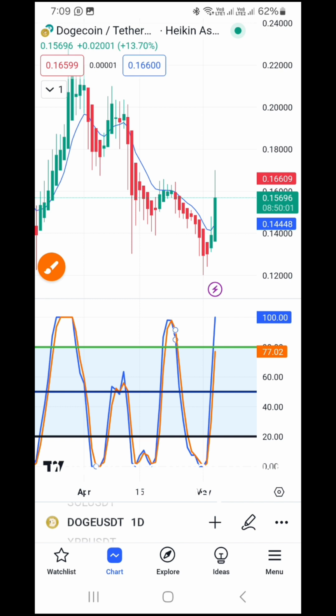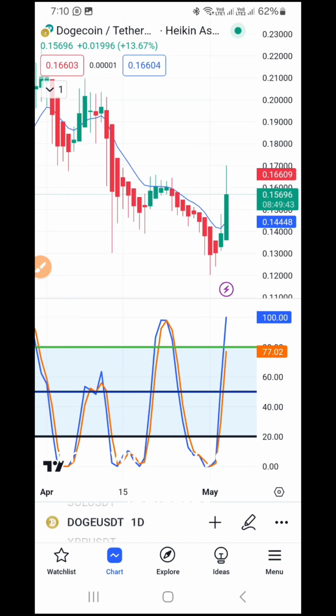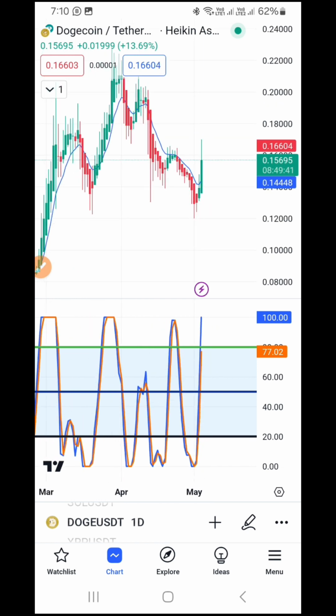Now we are going to our technical analysis. How can you analyze the coin? How can you know that this is a capable coin, that I can trade this coin? First, I'll show you. We're going to use charts and indicators.